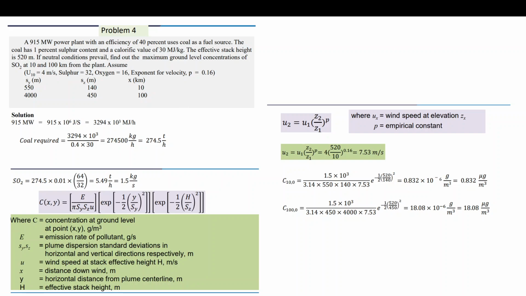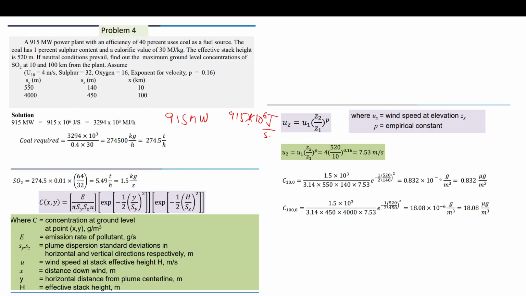Let's first understand. So here you are burning coal in a power plant which has 40% efficiency and you are generating 915 megawatts. So the power generation required is 915 into 10 to the power 6. Mega is 10 to the power 6. Watt is nothing but 1 joule per second. So this much amount of energy you are generating.